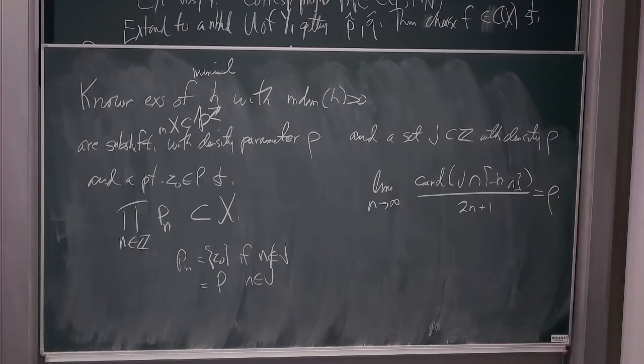So if I take the even integers, I have density 1/2. This is some attempt at a measure on subsets of Z. It's not countably additive for obvious reasons, and not everything is measurable.